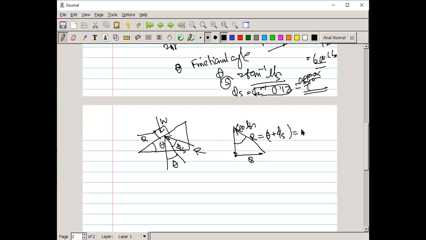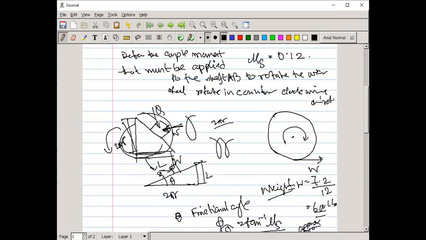So how much is this angle? Theta is how much? Theta we can easily find out from the lead, no? Because this is one lead. So this L is given in the question as 0.375.